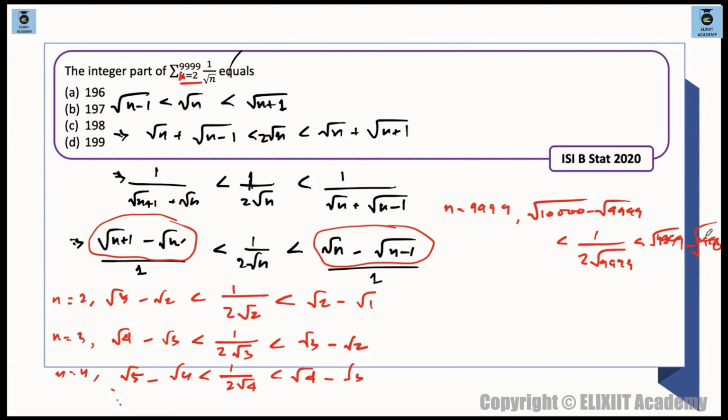Since there is a lack of space, I'm writing it over here itself. So we have a series of this type.